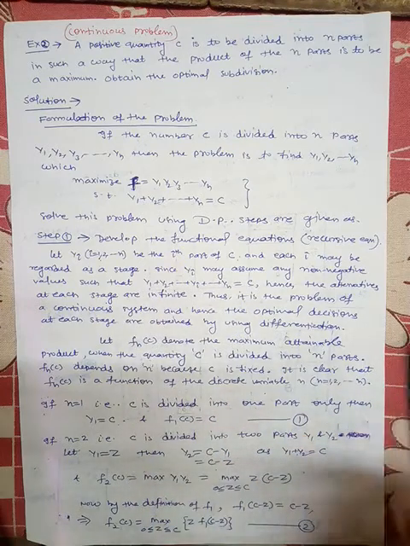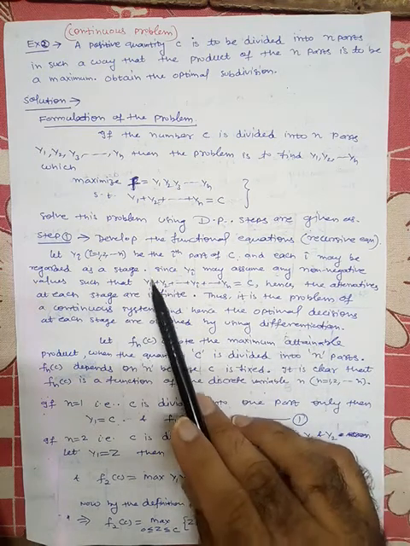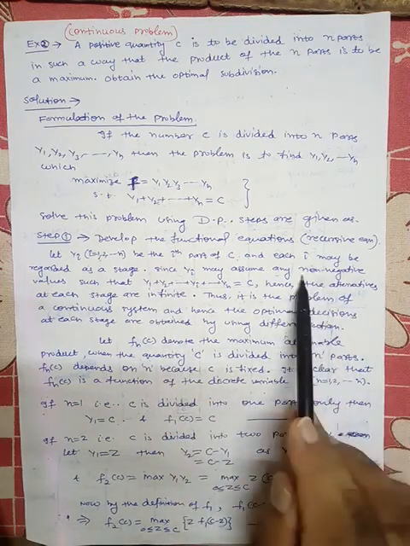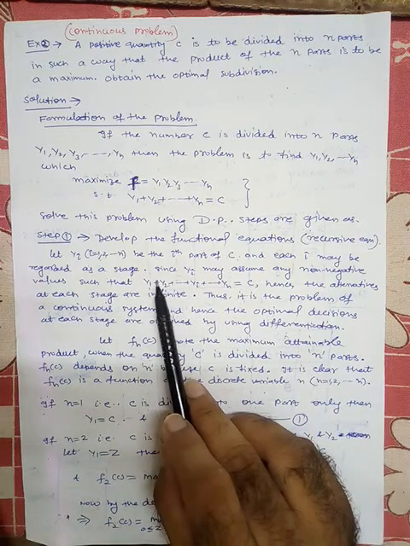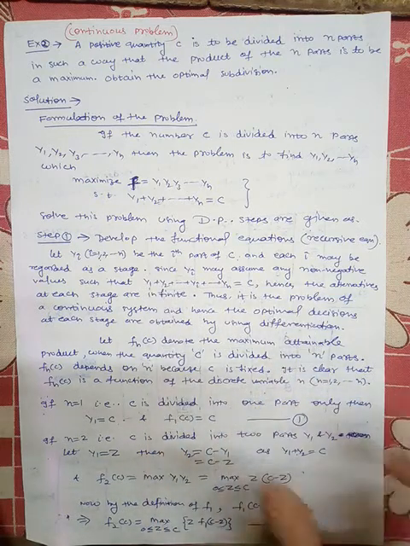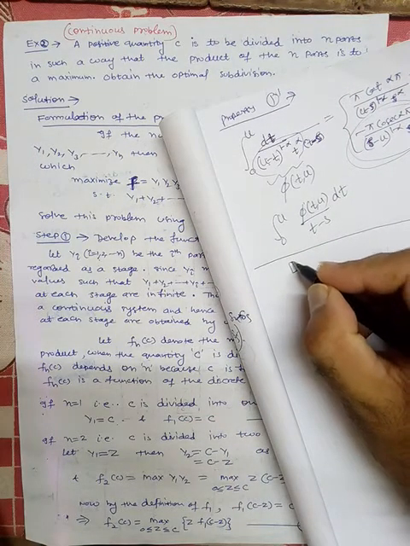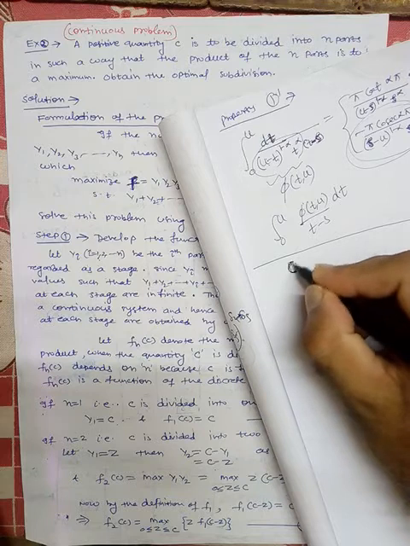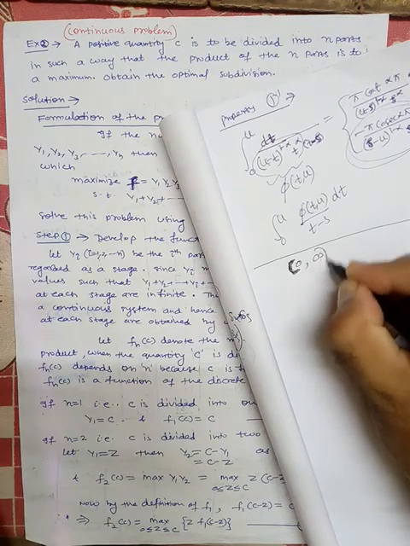If these are finite, then that may be a discrete problem, but here yi may assume any non-negative value. So that's why yi basically belongs to the set of non-negative values, for example 0 to infinity.